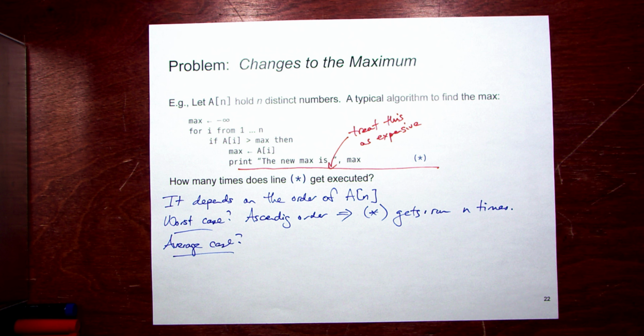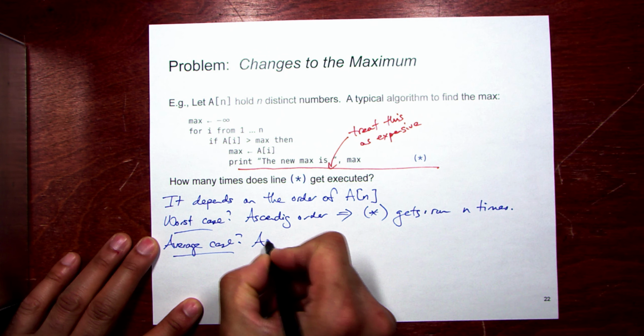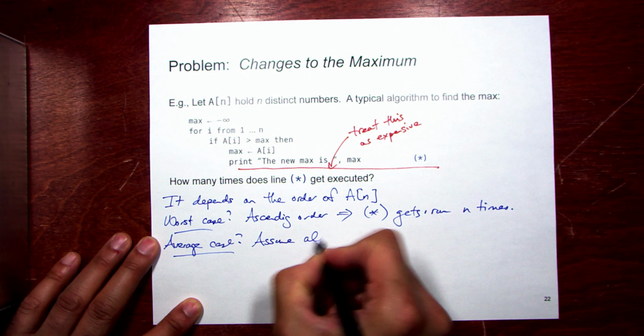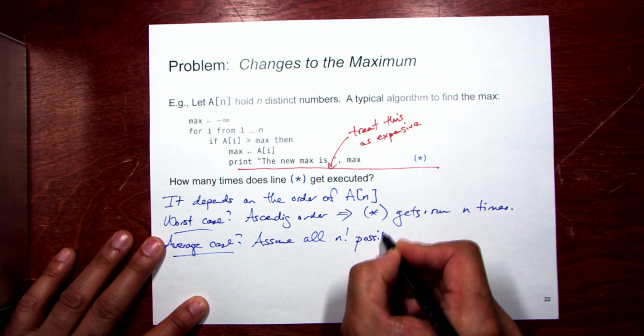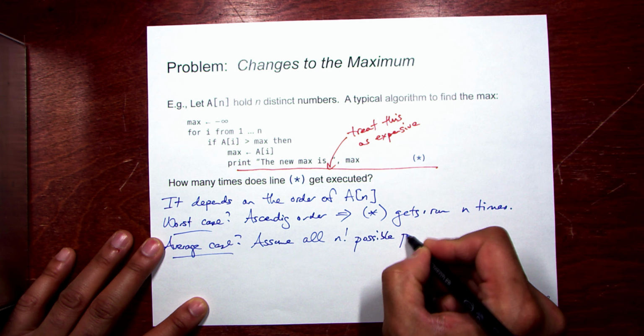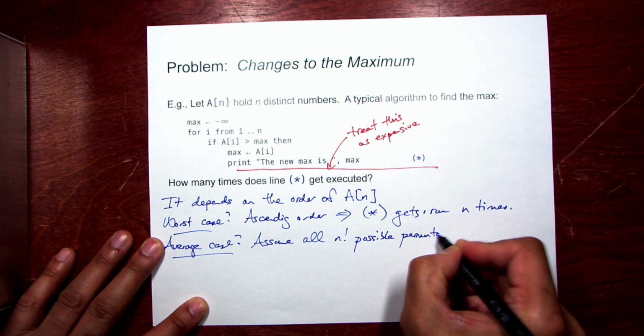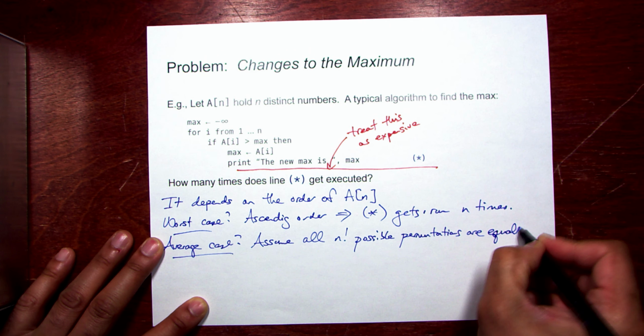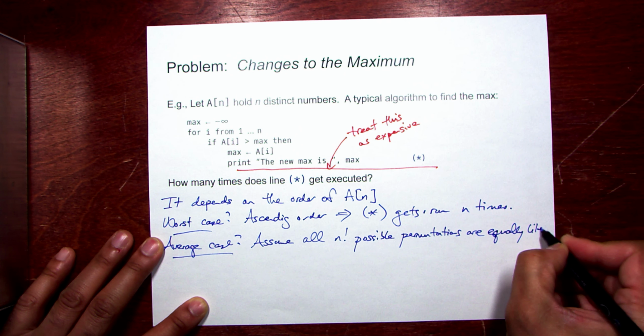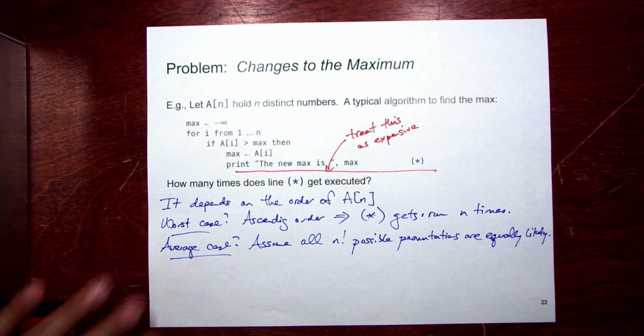Okay, so we assume all n factorial possible permutations are equally likely. Do we know what the n numbers are?